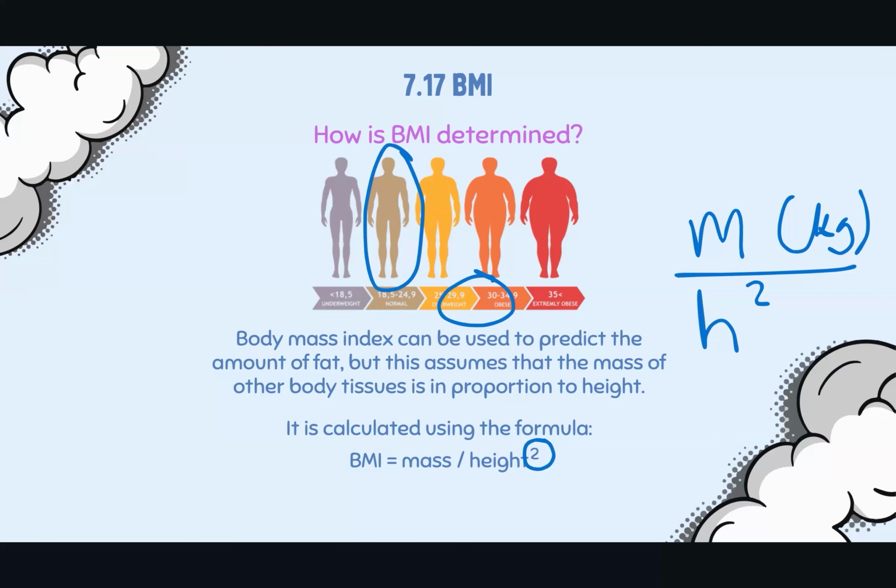Muscle is heavier than fat. So BMI is a good indicator, but it's not acceptable or accurate in every circumstance. Now, a lot of the questions that are linked to BMI and waist to hip ratio are usually evaluative questions where you're given lots of information and you've got to break down that information.